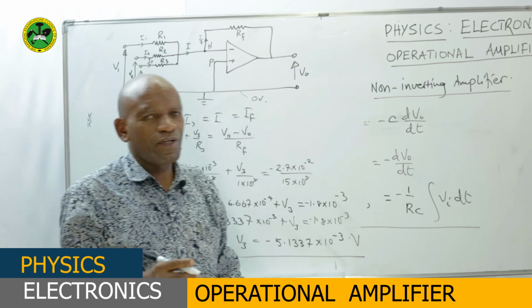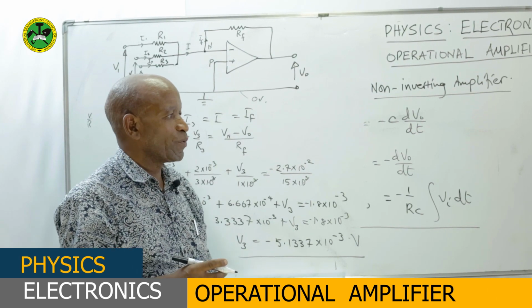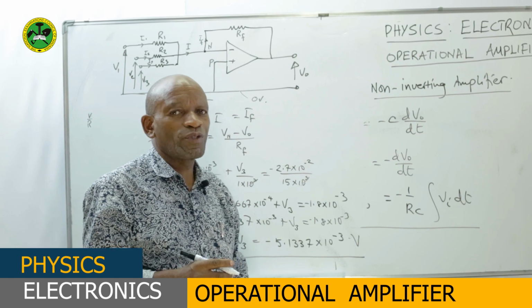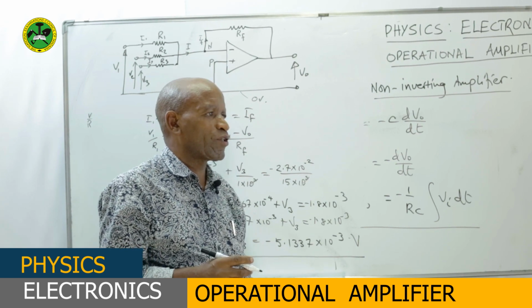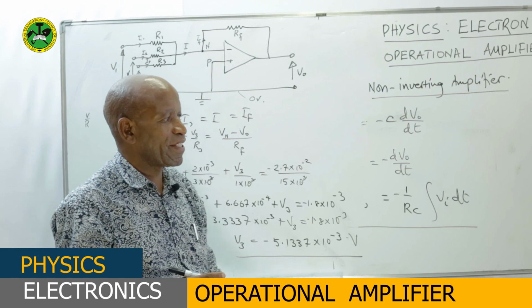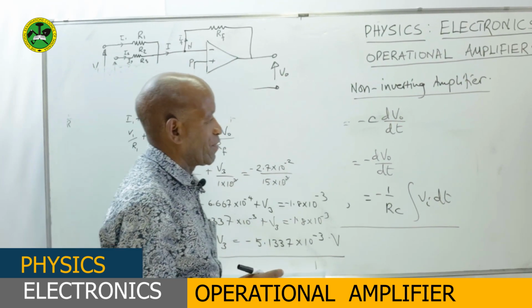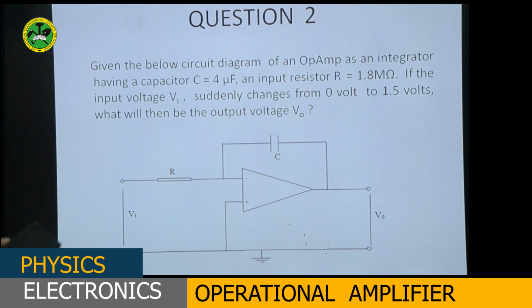Okay, students, let's go now to question number 2. Question number 2 takes us to a case whereby an operational amplifier is used as an integrator. So the question goes like this. Given the below circuit diagram of an operational amplifier as an integrator, having a capacitor of 5 microfarad and an input resistor of 1.8 mega ohm.